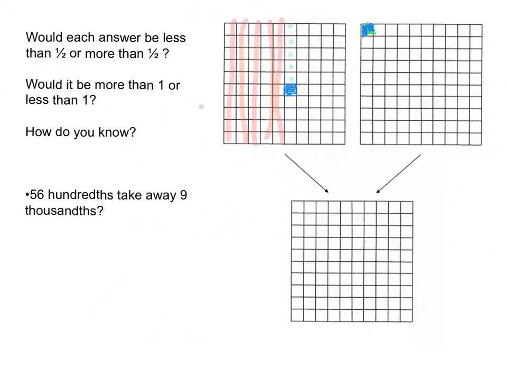So in the end, we are left with our 5/10, 5 hundredths that we haven't messed with, and then we have 1/1000th that remains here.